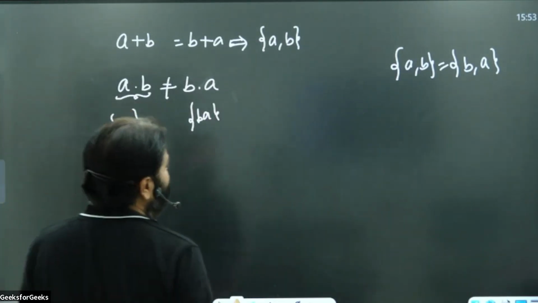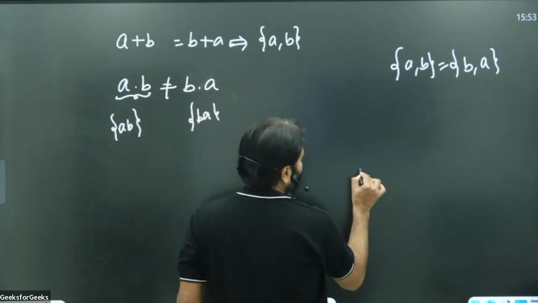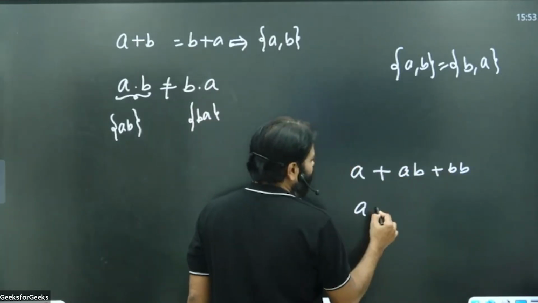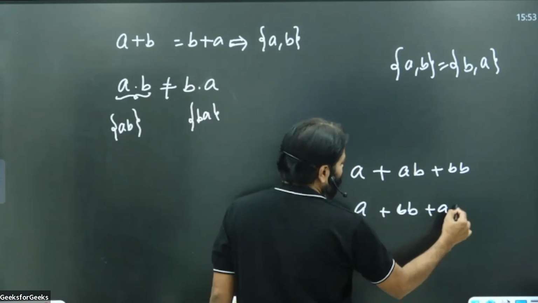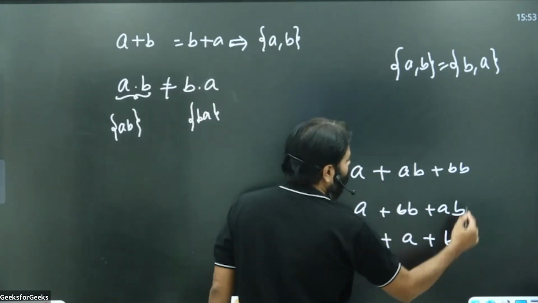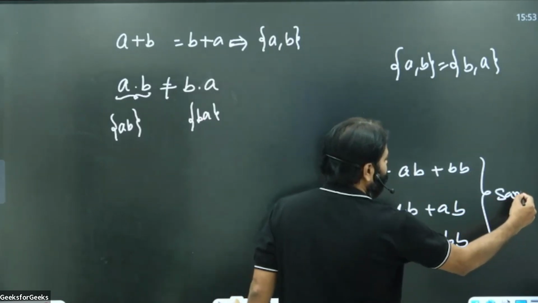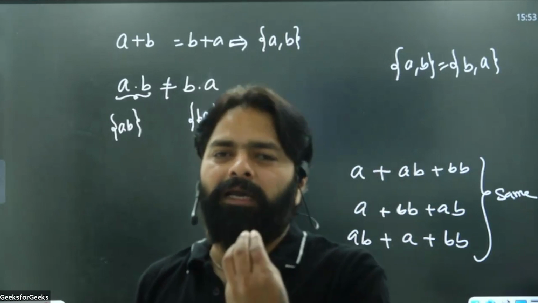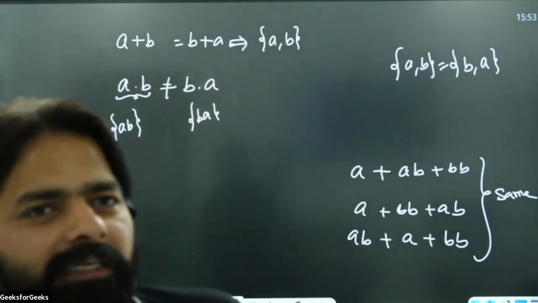So when you are writing a plus, order doesn't matter. I can write A plus AB plus BB. I can write A plus double B plus AB. I can write double AB plus A plus BB. All are same, because they generate the same language. 3 strings it will have.